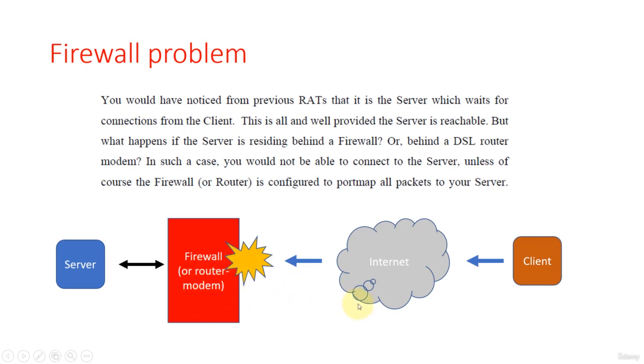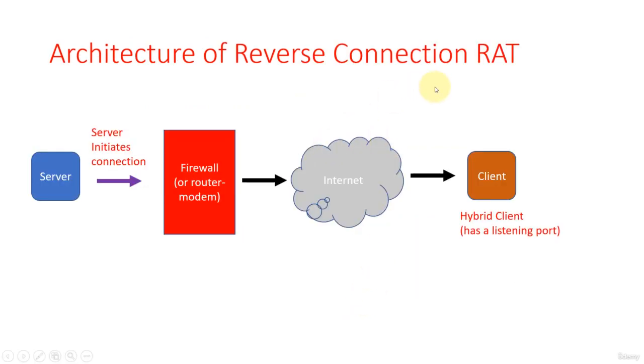So how do we solve this problem? We can use something called reverse connection. So this is an architecture of a reverse connection RAT. The simple solution to that is you let the server initiate the connection to the client. You can use this method because the firewall will not block the server which is trying to go out to the internet.